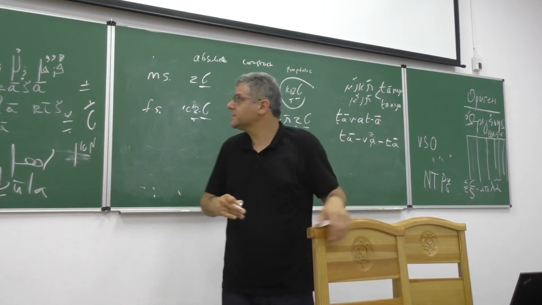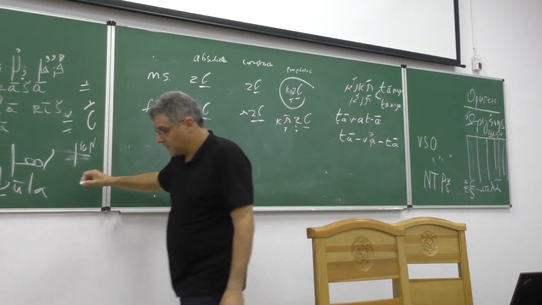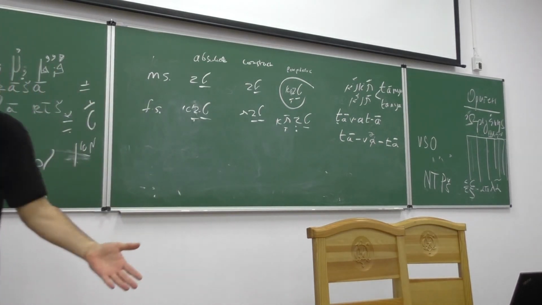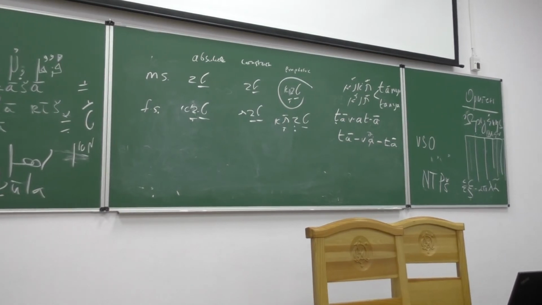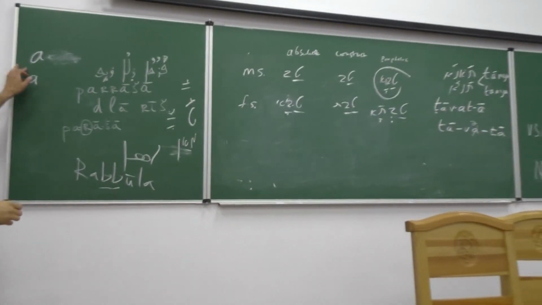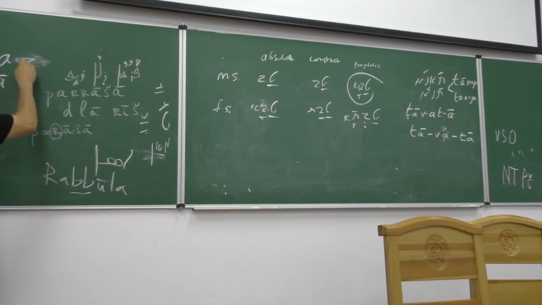So what I'm suggesting is that the A system, it's my fault because I should have published this, is that you actually have two vowels, A and O, which are allophones.